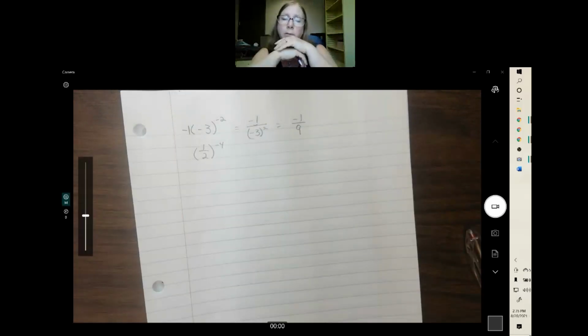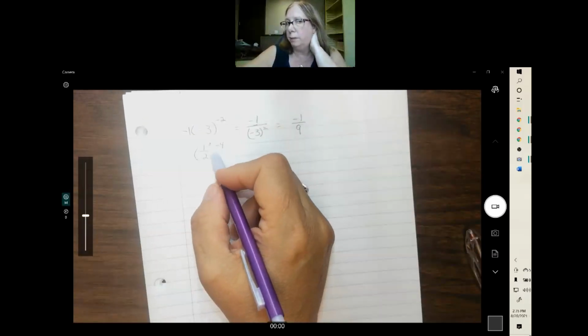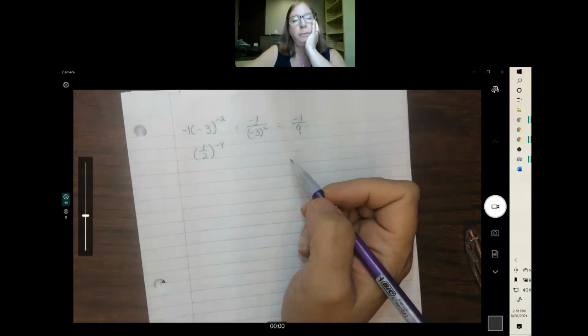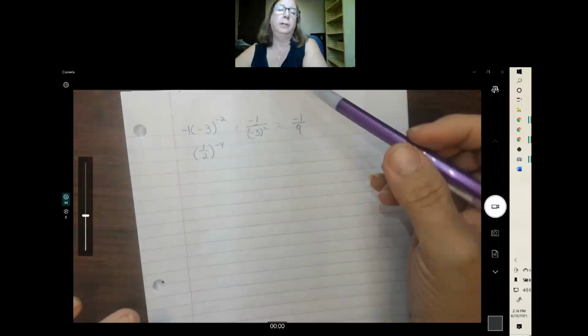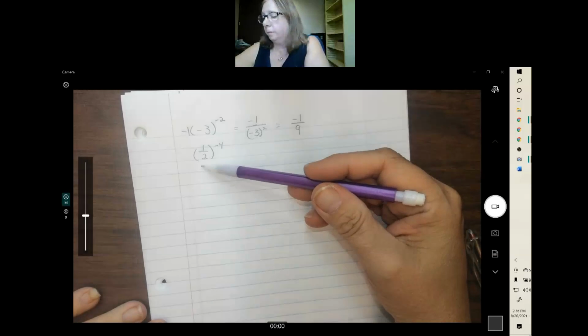Okay, there's a couple ways you could do this one. When you have an exponent, you can distribute it to each of them, 1 to the -4 and 2 to the -4. Or if you wanted to get rid of the negative first, when you have a fraction, you can just flip it.